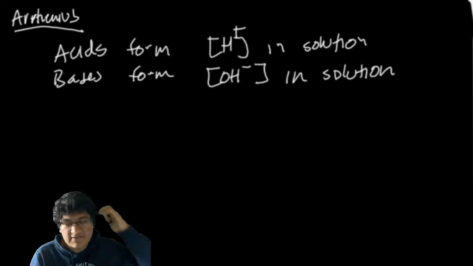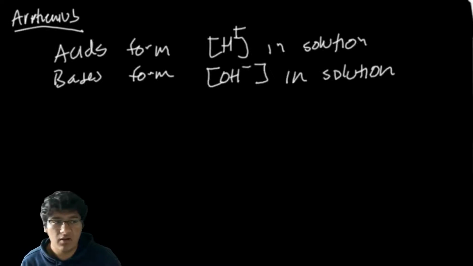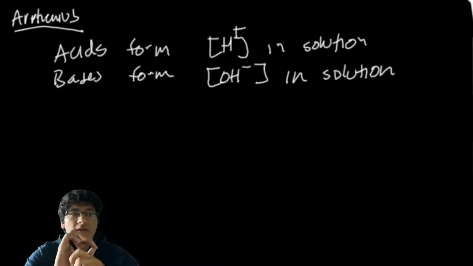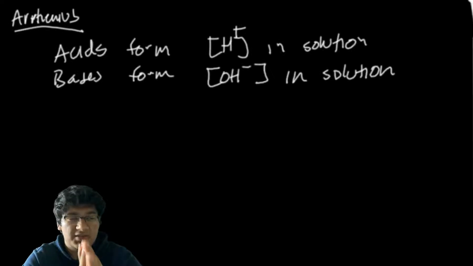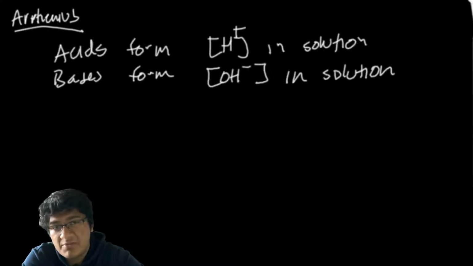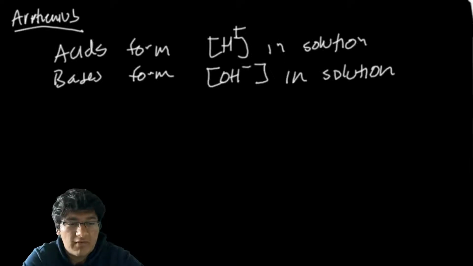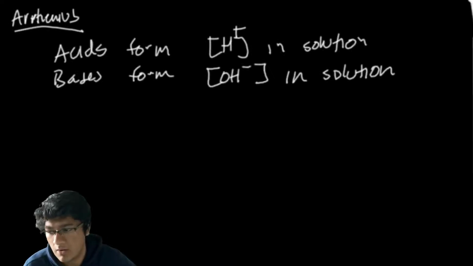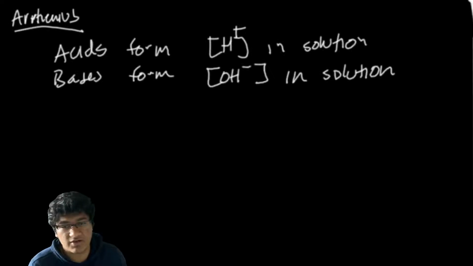What this means is that when acids are put into a solution, they dissociate from the hydrogen that they're attached to, and that means the solution now contains H+. On the other hand, bases will usually have some type of hydroxide derivative, and they will form that hydroxide in solution. That's just an introduction to Arrhenius.